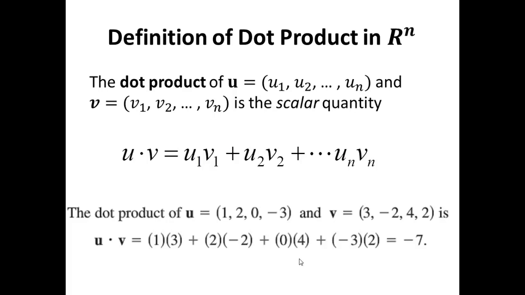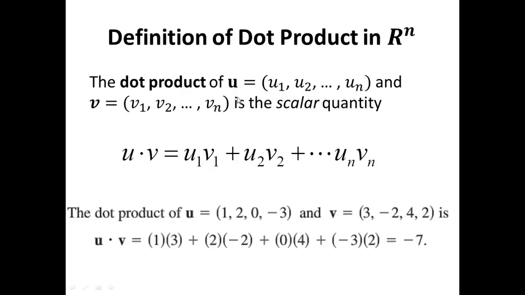Okay, now let's define the dot product of two vectors in Rn. Let u be the vector defined by the entries u1, u2 right up to un, and v the vector defined by the entries v1, v2 right up to vn.